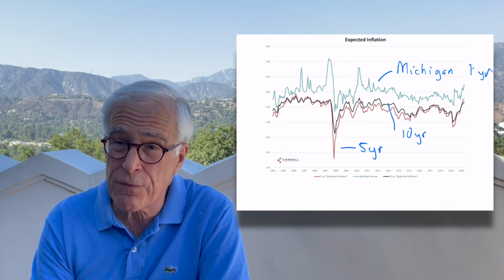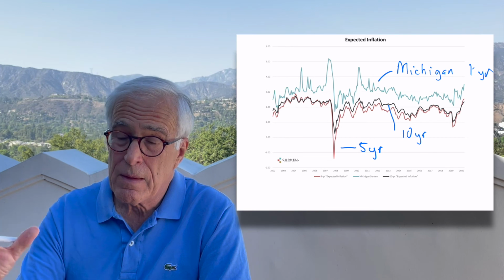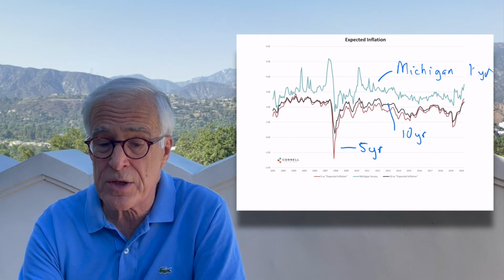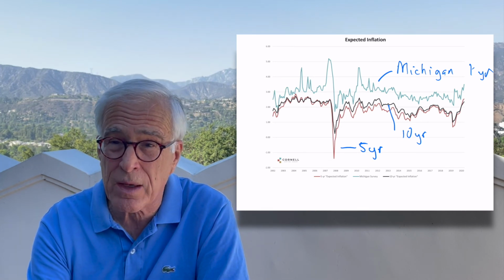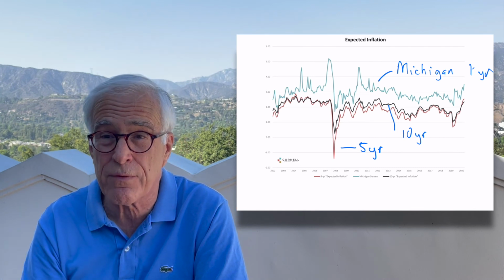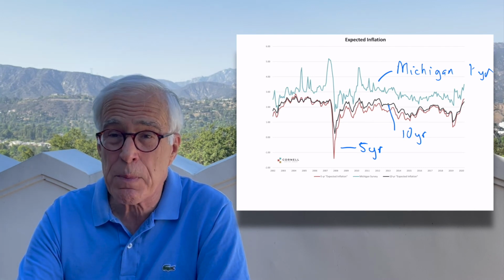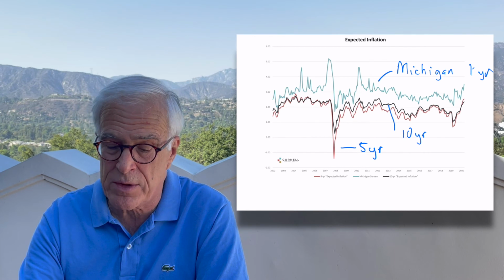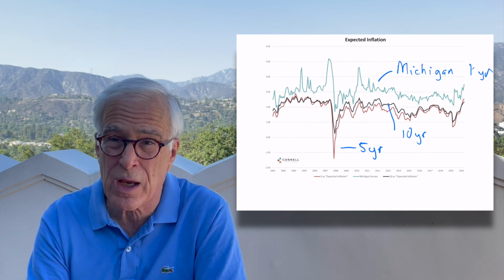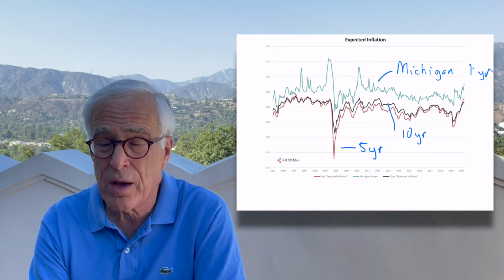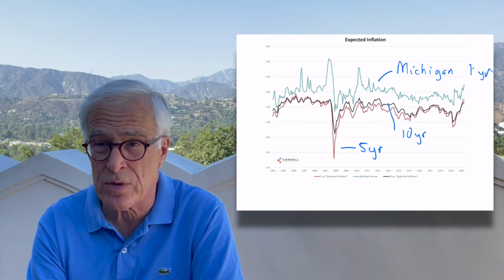So if expected inflation goes up, people who are lending money are going to say, geez, I've got to get enough back to compensate me for what I expect to be the inflation. And the higher the expected inflation, the higher interest rates. That's why there's so much discussion right now at the Federal Reserve about inflationary expectations.